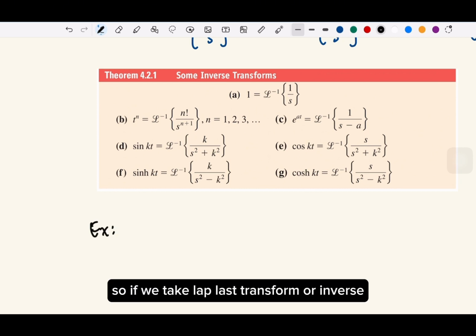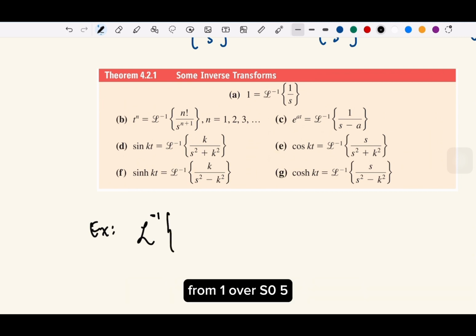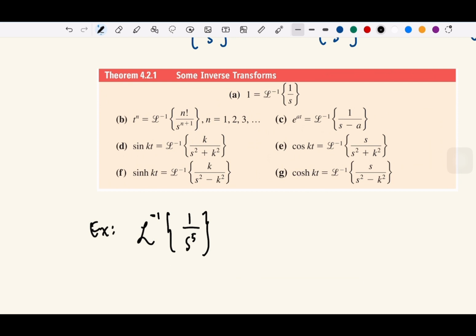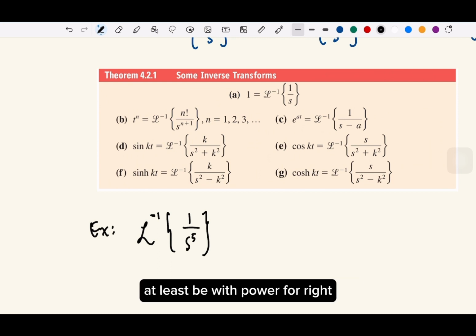So if we take the inverse Laplace transform of 1 over s to the power of 5. Okay, so we know that this is coming from at least t to the power of 4, right?